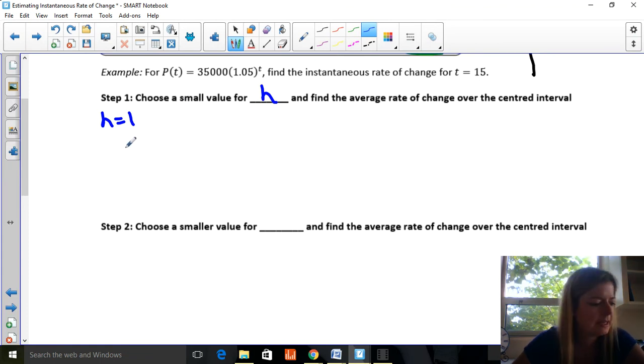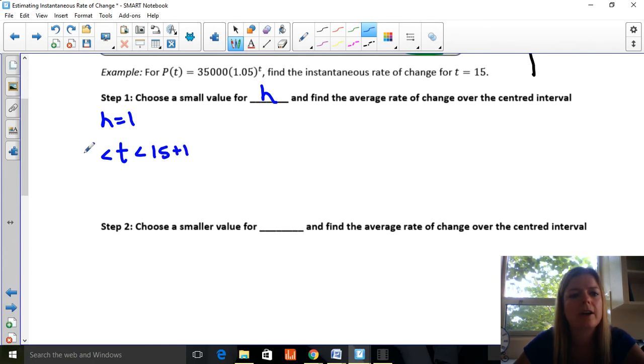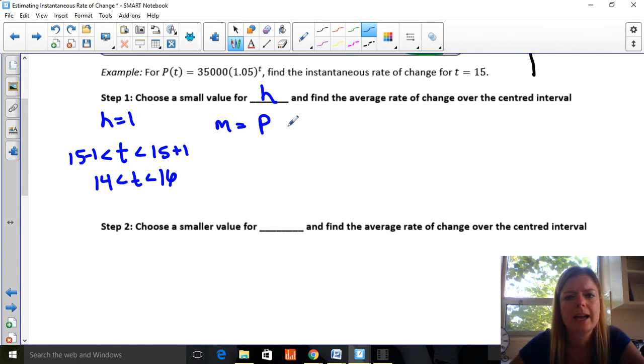So that means our interval is going to be, we have our t value here, 15 plus 1 on this side and 15 minus 1 on this side. So between 14 and 16, what is the average rate of change? And use that as an estimation for what it would be at 15. So the slope is P at 16 minus P at 14, all over 16 minus 14.